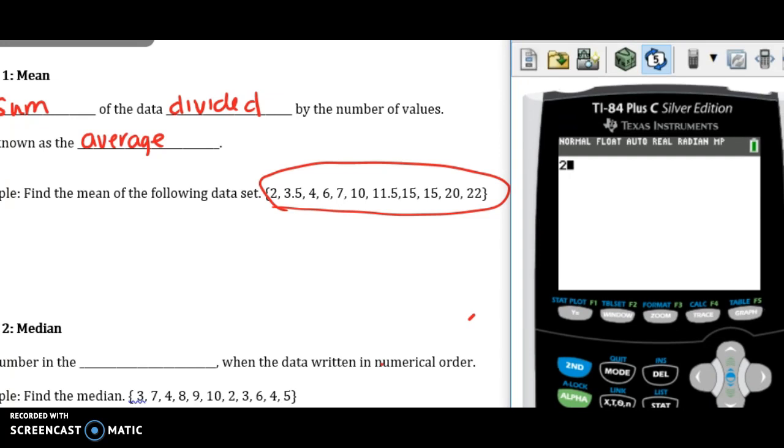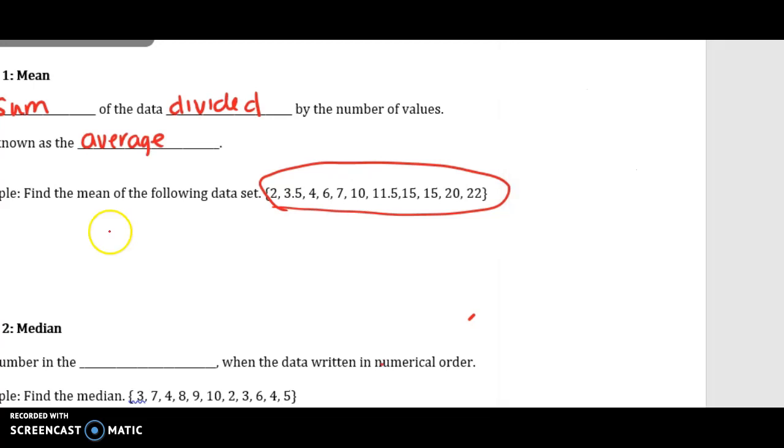So we have 2 plus 3.5 plus 4 plus 6 plus 7 plus 10 plus 11.5 plus 15 plus 15 plus 20 plus 22. And hit enter. So the sum of all of those numbers is 116.